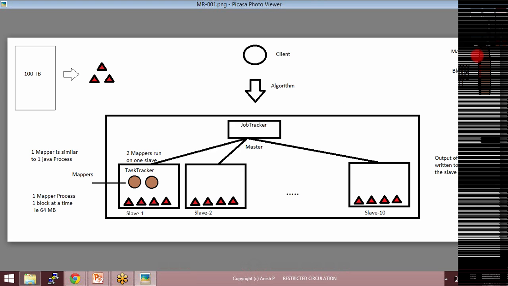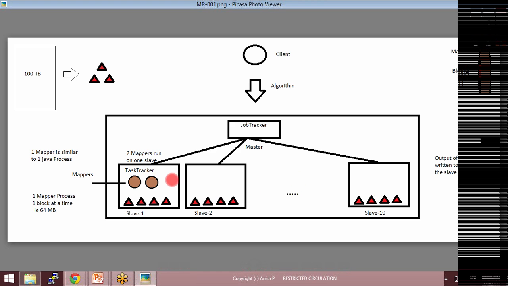So guys, I'm representing my mapper as this brown circle and block as this red filled triangle. My 100 TB data is divided into thousands of small blocks. When I copy the data, my blocks will be stored on all the nodes in the cluster. It is distributedly stored on all the nodes in the cluster.